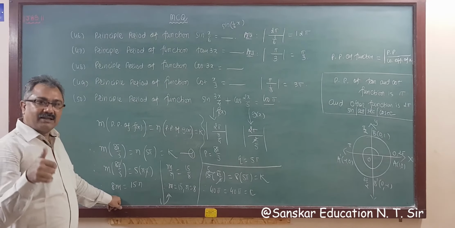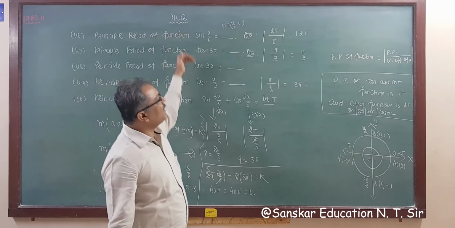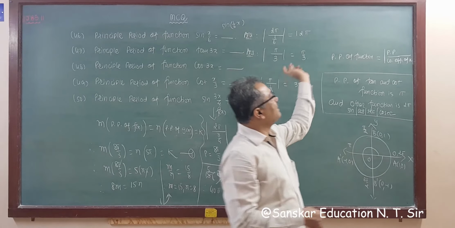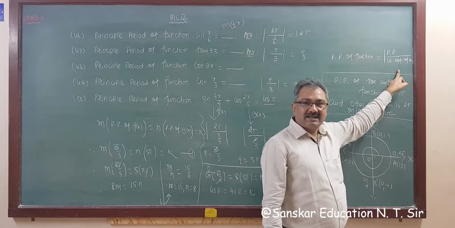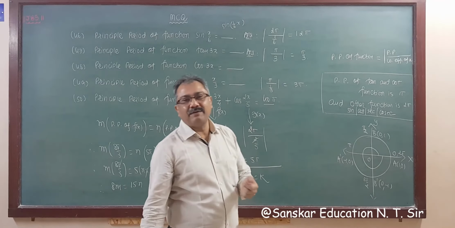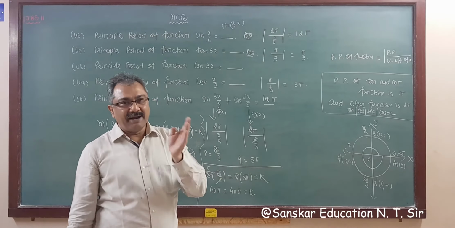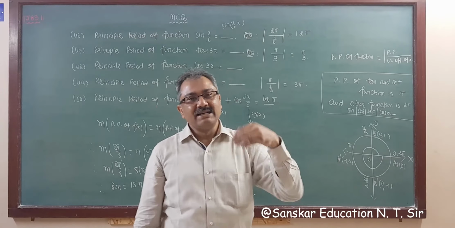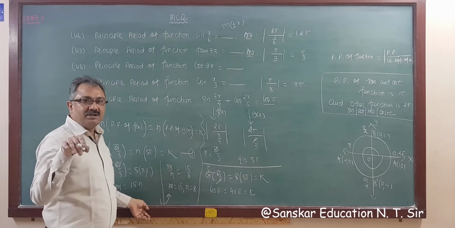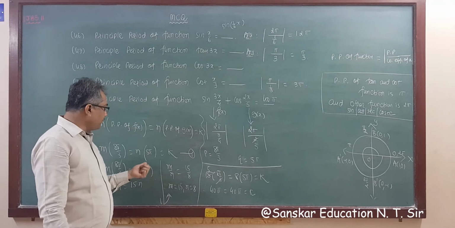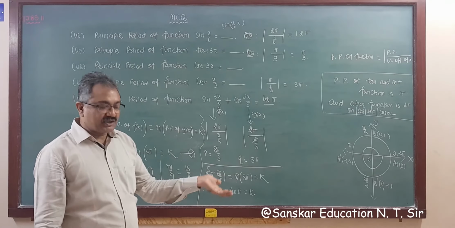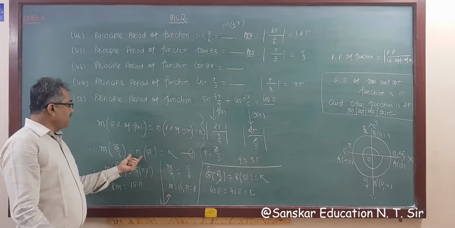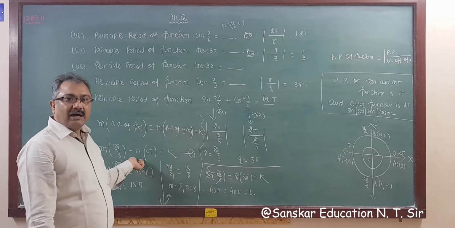So remember one thing, when a simple function is given, then the principal period is the modulus of the principal period upon the coefficient of x. And if the sum of functions is given, then you have to take some constant m into the principal period of the first function f(x) is equal to n constant into the principal period of g(x) is equal to some constant k, and then find out the value of m and n, and substituting in here you will get your answer.